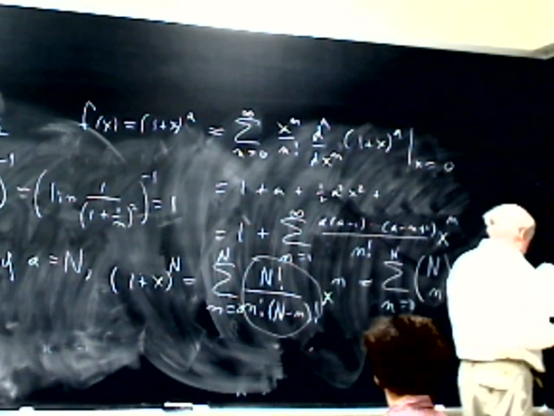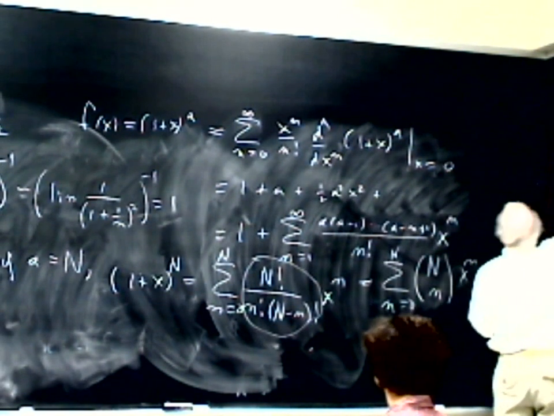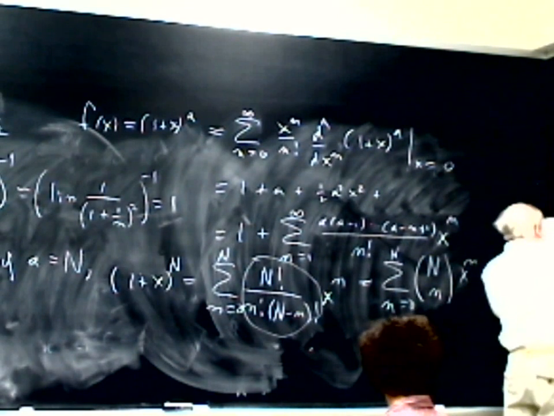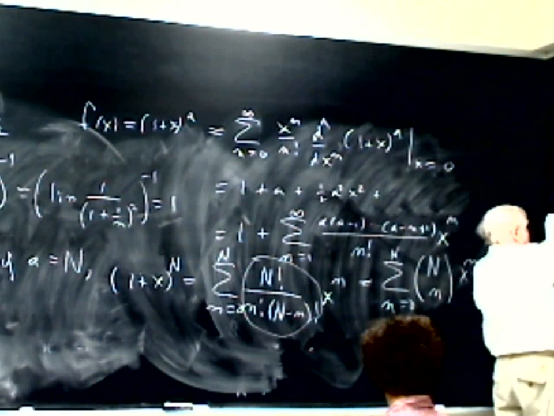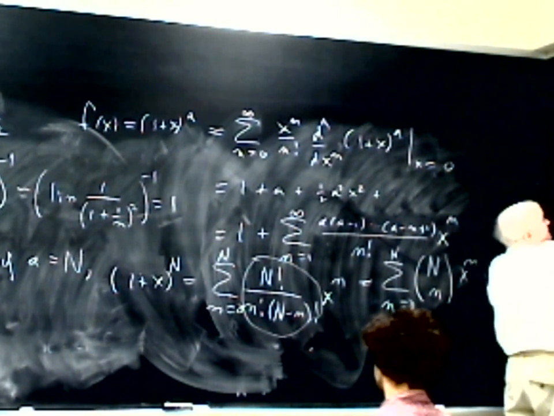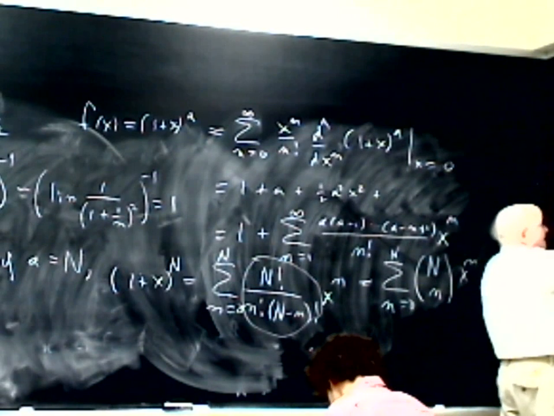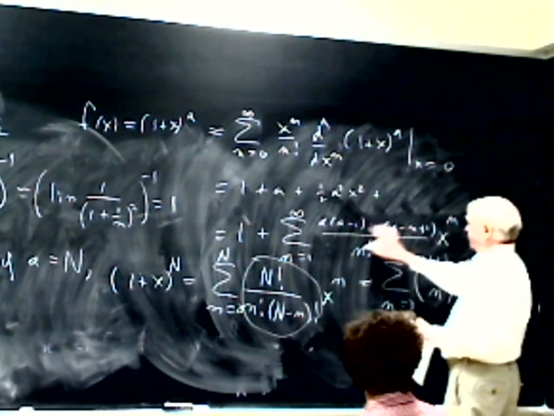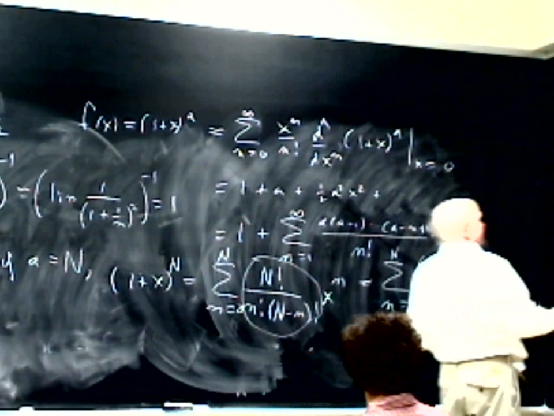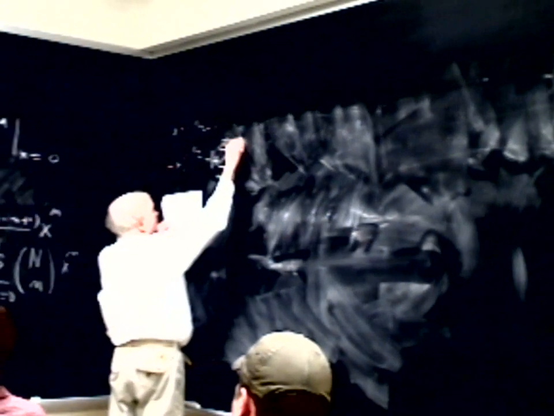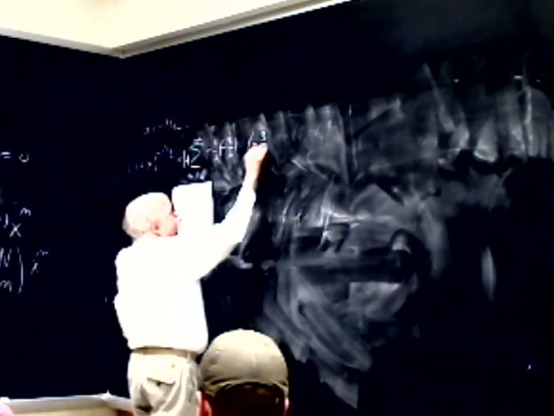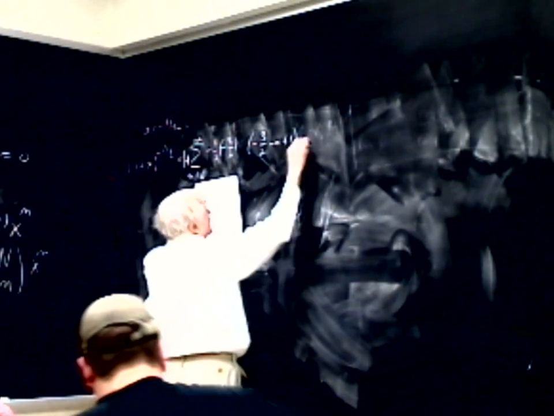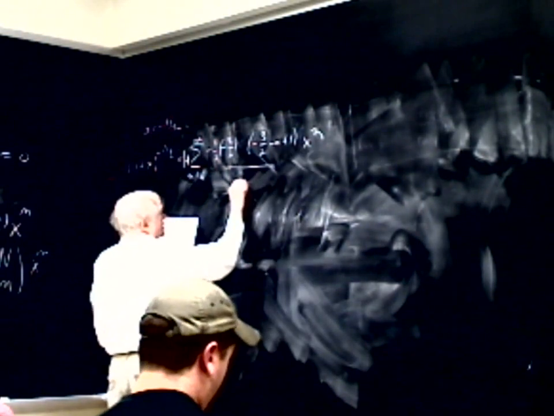Now, on the other hand, when a is not a positive integer, this thing doesn't terminate. For example, if you take a equals minus a half, you get (1 plus x) to the minus one half. This is the sum from n equals 0 to infinity, and I'm going to write it this way: 1 plus the sum from 1 to infinity of minus a half, minus 3 halves, dot dot dot, minus n plus 1 half, x to the n over n factorial.